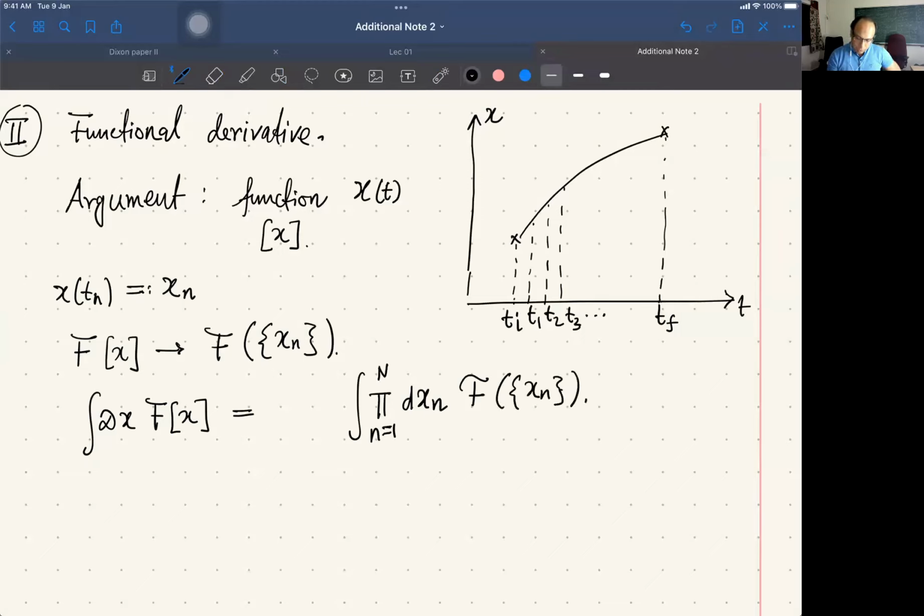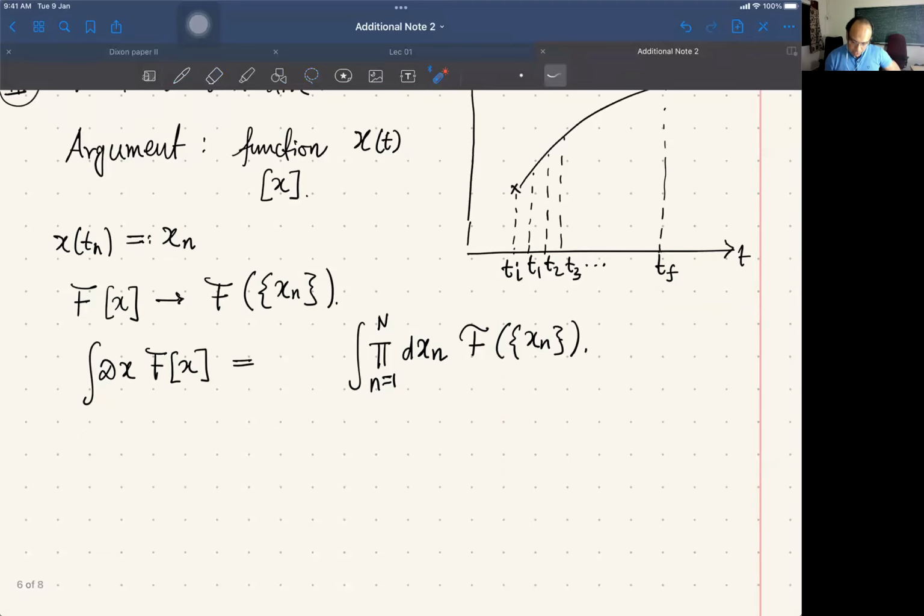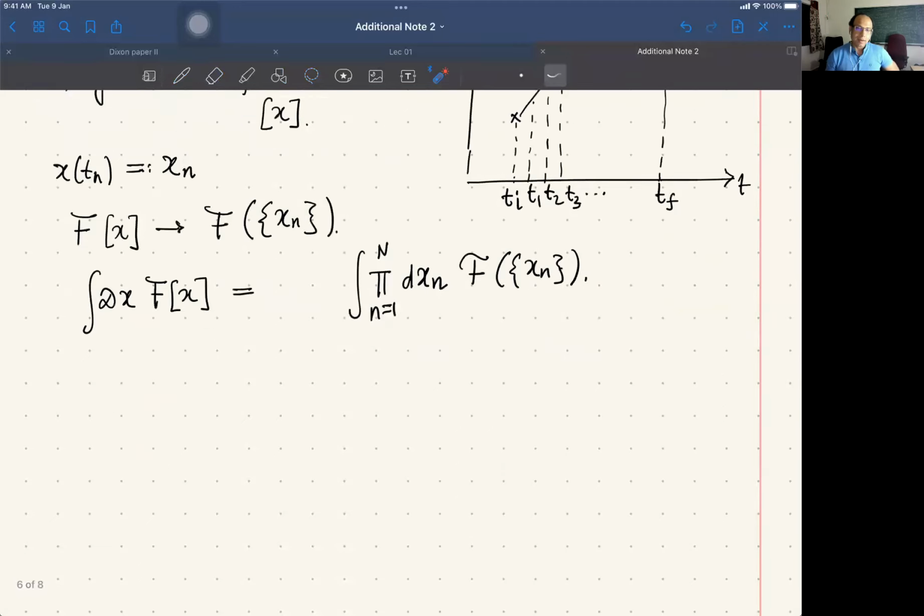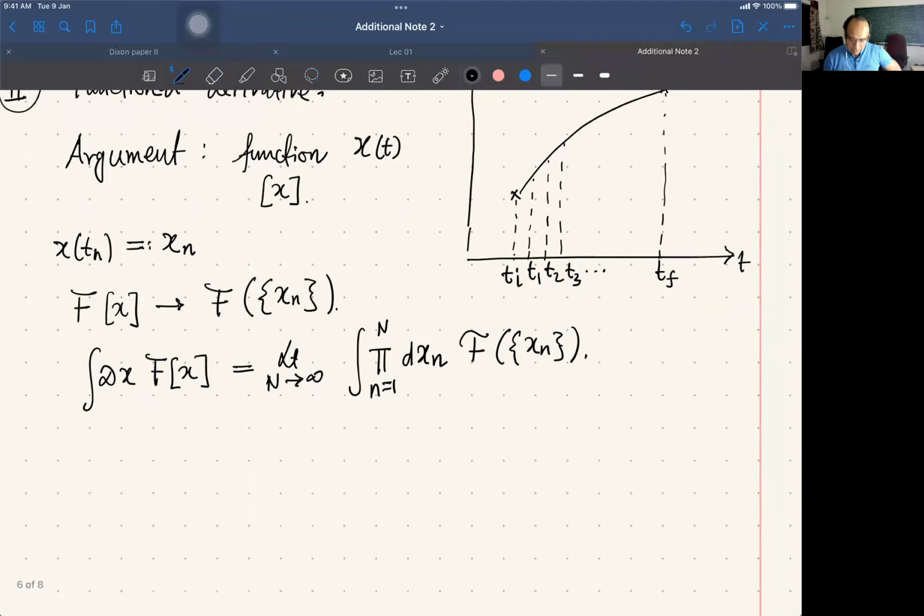Now, up to this point, it is okay, but this is not the end. This is more serious than this operation. The additional seriousness comes from the precarious process of taking n going to infinity limit, which is basically approaching the continuum. So you have to take the limit n goes to infinity in a particular manner, and then you have to make sense of it.